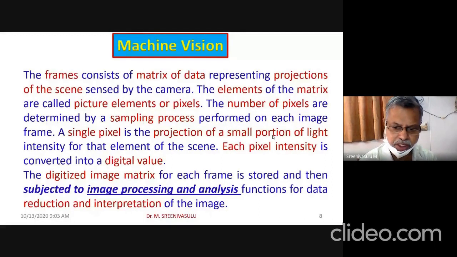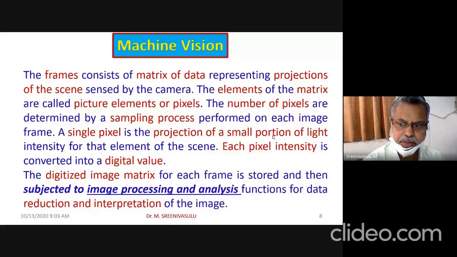The information available with each pixel, like intensity, location, and color, is all referred to as data. Your frame has a matrix of pixels, and at every pixel there is a certain set of data. All that data together is referred to as the matrix of data.